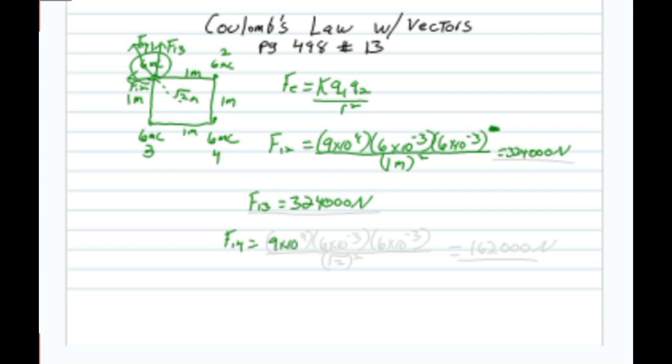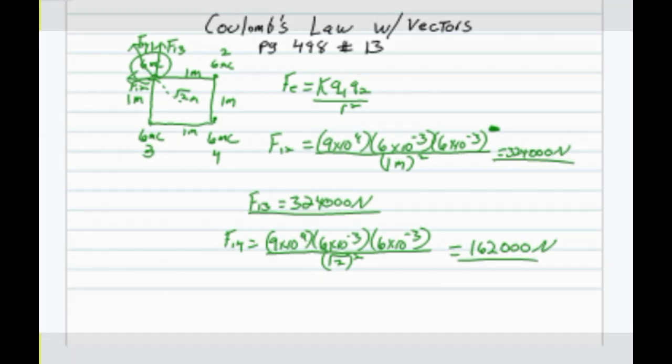It's 9 times 10 to the 9th times 6 times 10 to the negative 3rd times that again, divided by the distance, the square root of 2 meters, but we square that. So basically you're going to end up with half of what you had the first time. 162,000 newtons.